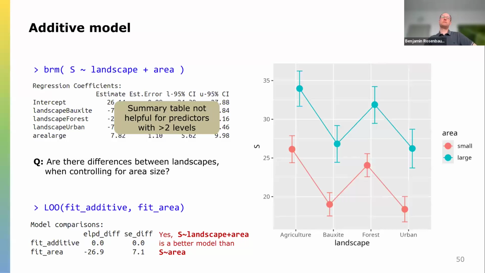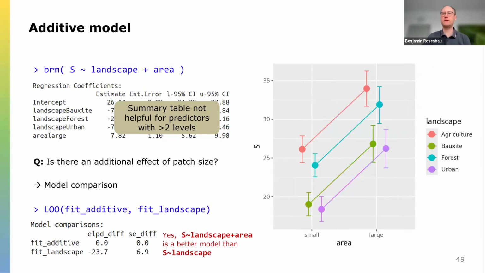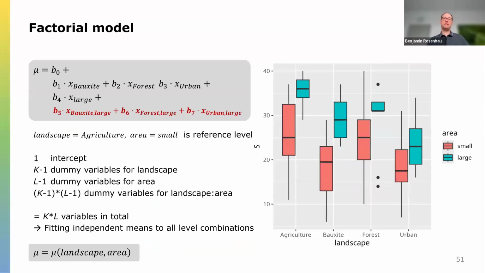Then finally, we look at the full factorial model. So if we assume that the area effect is different in different landscape types, we wouldn't be able to answer this with the additive model from before, because here by default, the area effect is the same. But if we want to test if the area effect is different in each landscape type, we can fit the full factorial model. Again, the dummy coded model looks kind of nasty.